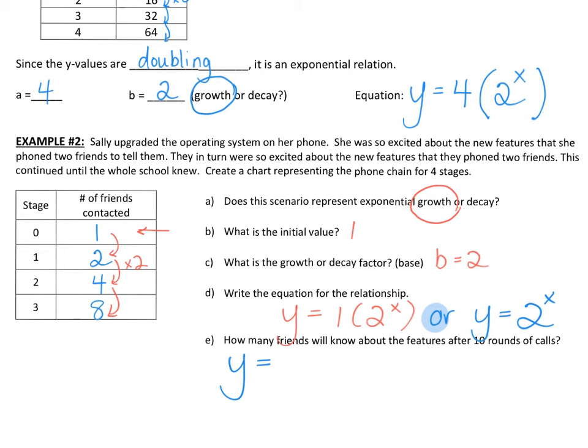So hopefully it makes sense to take the equation and in the spot of x, we're going to put 10. And then we're just going to punch that into our calculator, and we get 1,024. So therefore, by round 10, 1,024 people will know. Sorry, people.